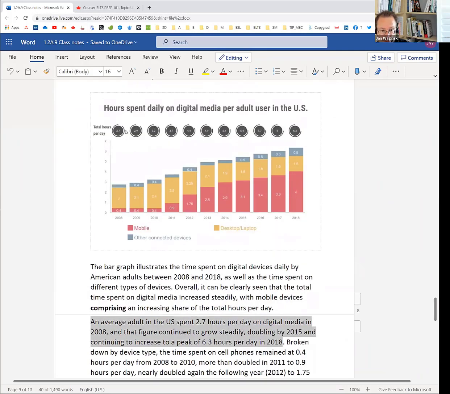Okay, so this is the top, the black circles. It's 5.4 in 2015. And that's all I'm going to say about that.